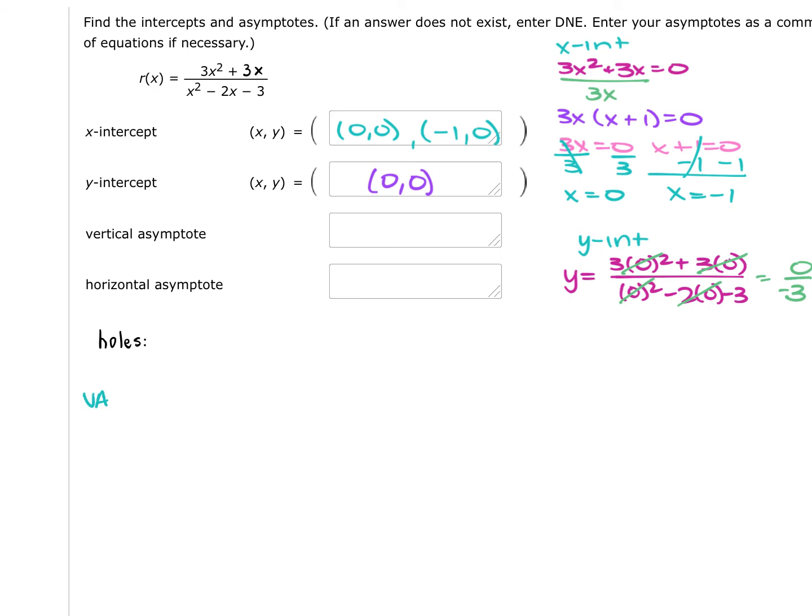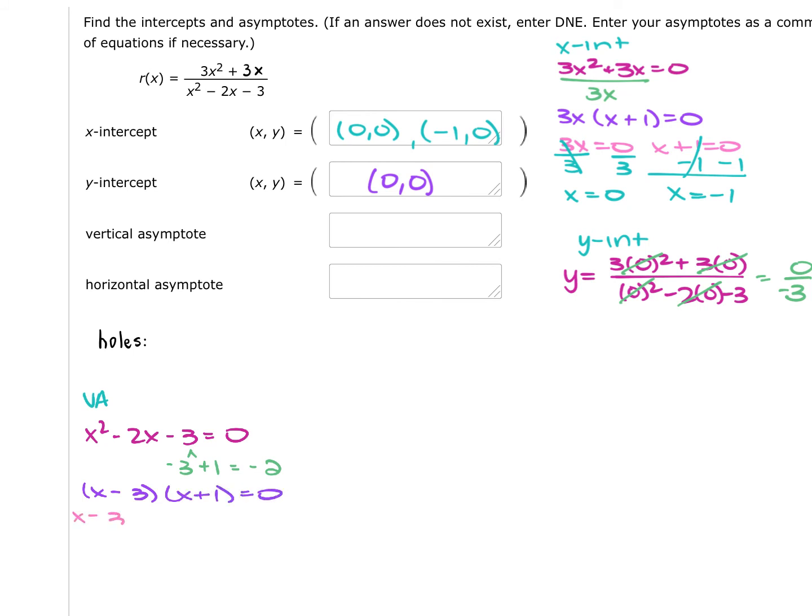To find your vertical asymptote, you are going to take the denominator, so that x squared minus 2x minus 3, set it equal to 0, and solve. Your factors of -3 that add up to be -2 are -3, +1. So this factors to be x minus 3 times x plus 1 is equal to 0.